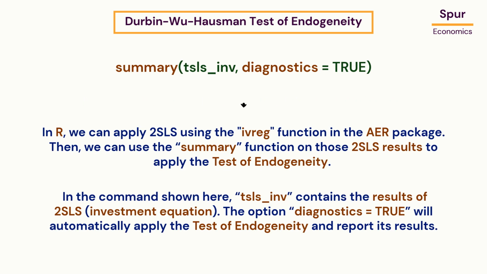In R, we can apply 2SLS using the ivreg function in the AER package. Then, we can use the summary function on those 2SLS results to apply the test of endogeneity. In the command shown here, TSLSINV contains the results of 2SLS. The option diagnostics equal to TRUE will automatically apply the test of endogeneity and report its results.